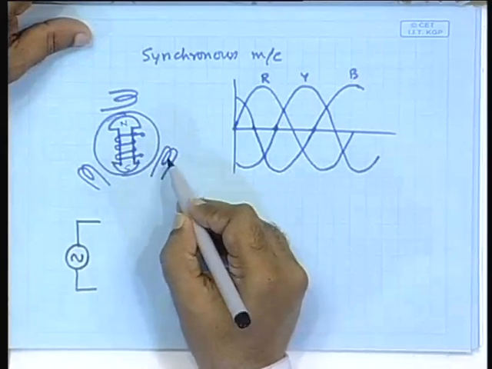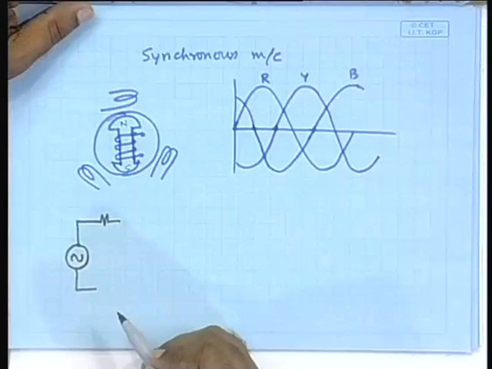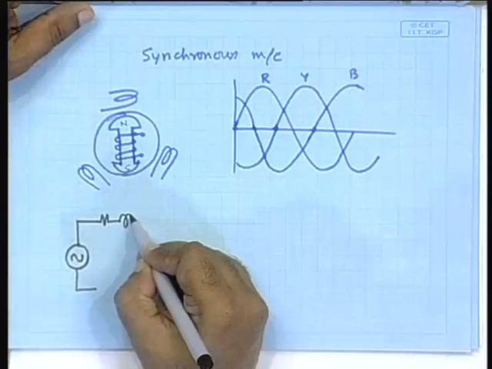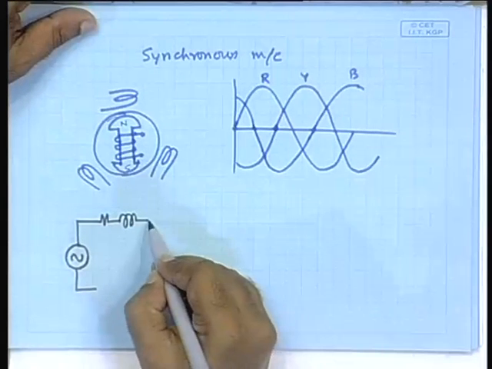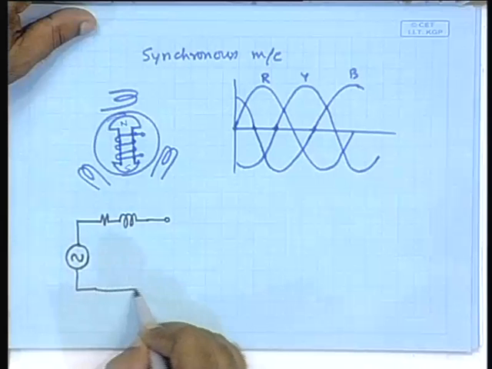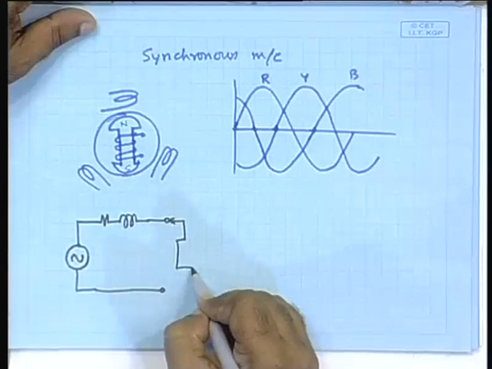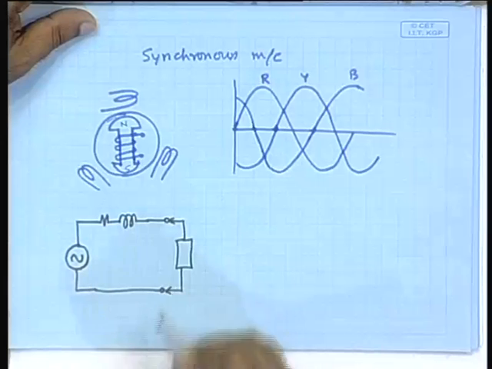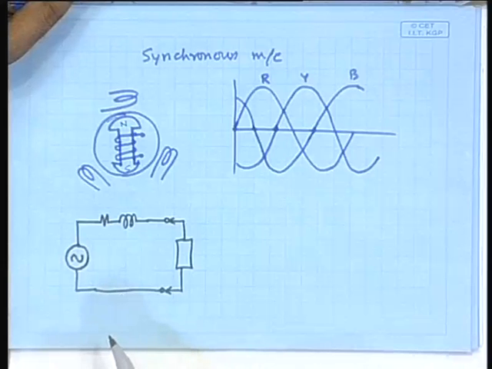These windings will have some small resistance and some amount of inductance, and then that will be connected to a load. So, very simply speaking, you can imagine the circuit to be like this.